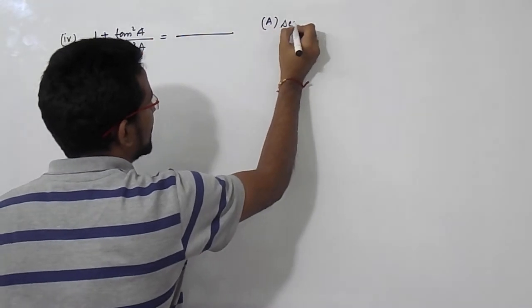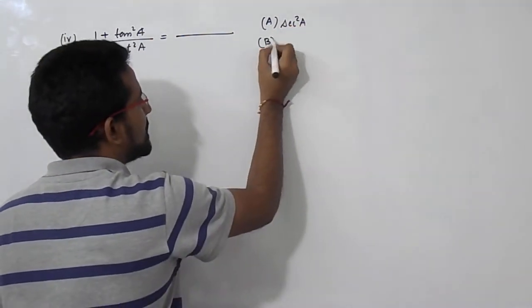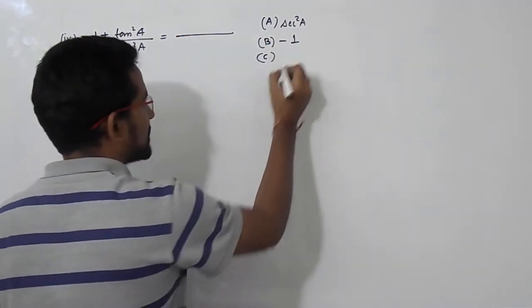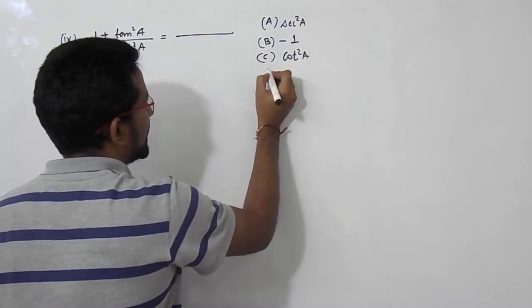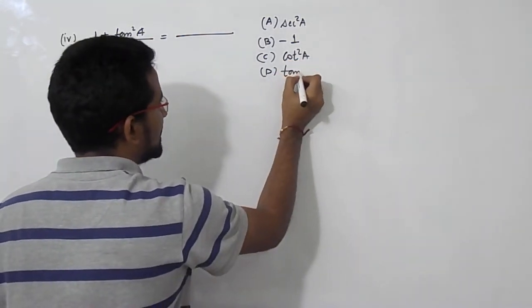Option A is sec square A, option B is minus 1, option C is cot square A, and option D is given as tan square A.